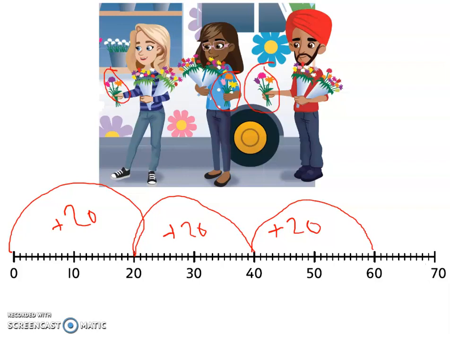We can see each person is holding 1, 2, 3, 1, 2, 3, and 1, 2, 3. So we can see that this is going to be my answer of 69. So I've got 2 bunches of flowers with 20, 2 bunches of flowers with 20, 2 bunches of flowers with 20, 3, 3, and 3, to give me a total of 69 flowers.